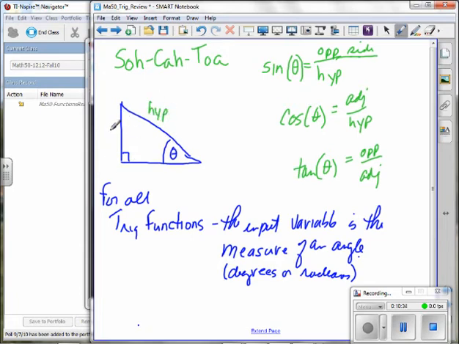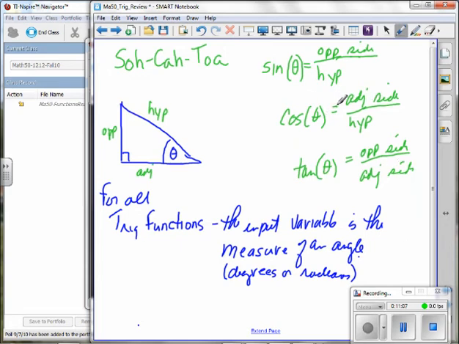For this angle, the side opposite is always the opposite, and we call this the adjacent side. For sine, we're dividing the length of the side opposite the angle by the length of the hypotenuse. For cosine, we're dividing the length of the side adjacent to the angle by the length of the hypotenuse. And for tangent, we're dividing the length of the side opposite by the length of the side adjacent.